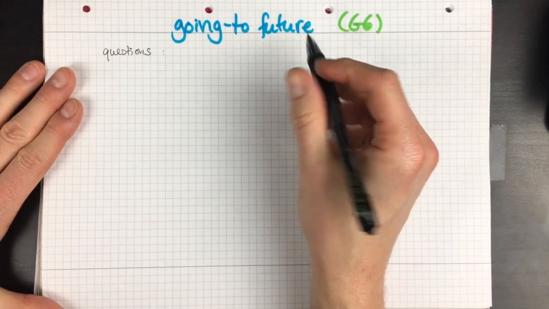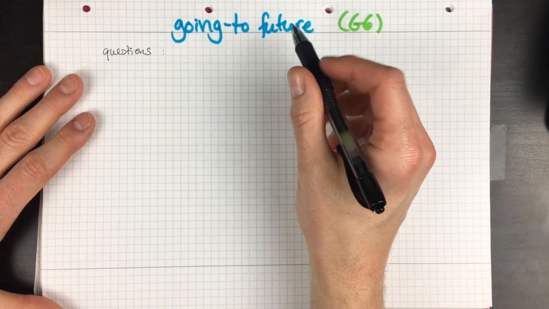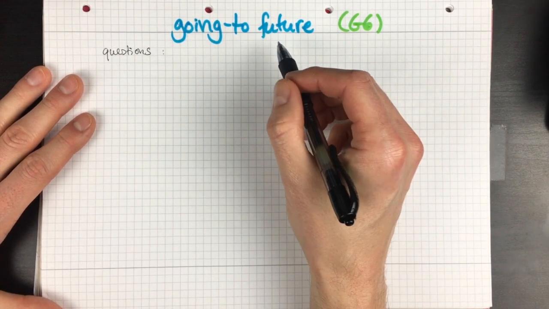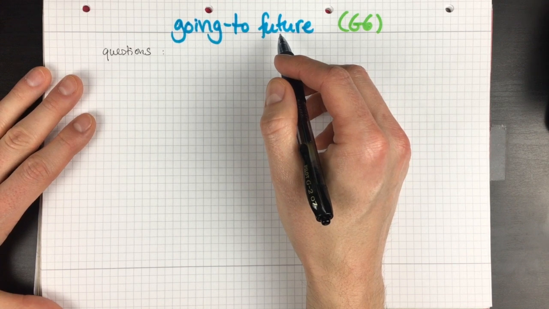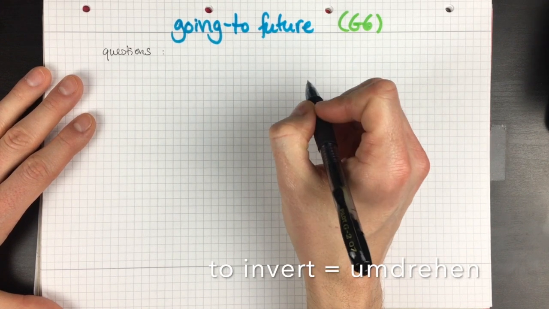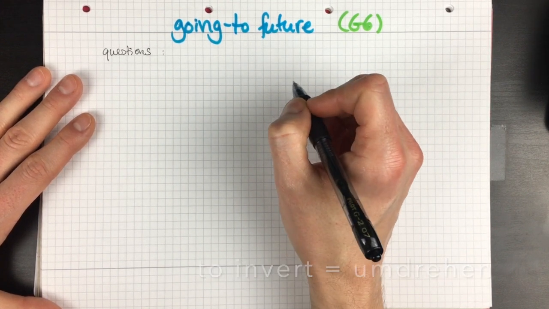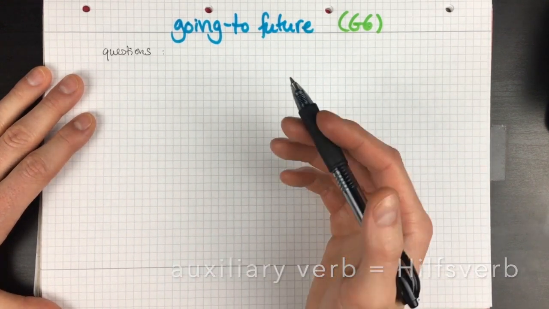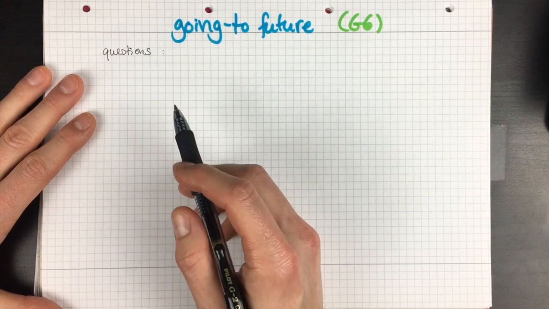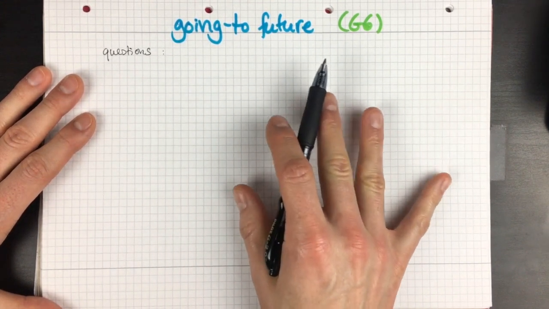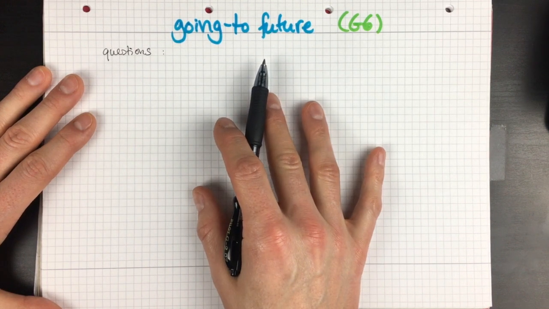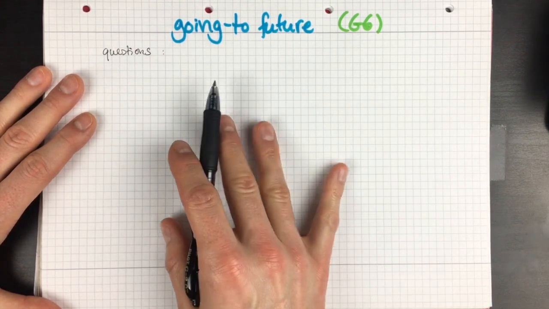In the going to future, of course, we also can ask questions, and it's pretty simple. It's just like in the present perfect that we did last week. You just invert the auxiliary verb. Auxiliary verb is a very fancy word. It just means Hilfsverb. So any verb that is not a Vollverb, not a full verb, is an auxiliary verb. It can be to be or to have, something like that.